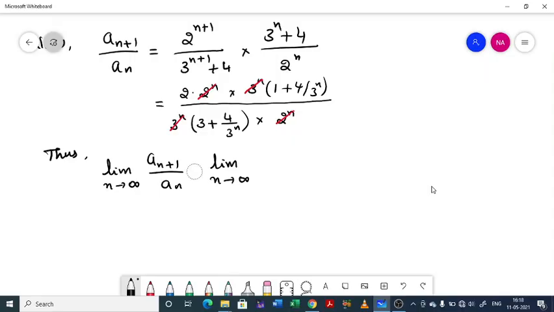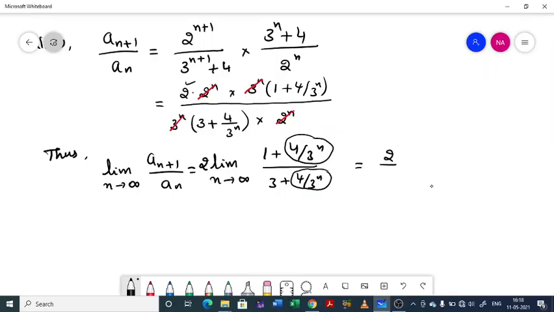Yes, you can take 2 outside here, no problem. 2 times limit as n tends to infinity, 1 plus 4 by 3 power n divided by 3 plus 4 by 3 power n. So as n tends to infinity, this reduces to 0, this also reduces to 0, so we will be getting 2 by 3 which is less than 1. Thus the series converges.